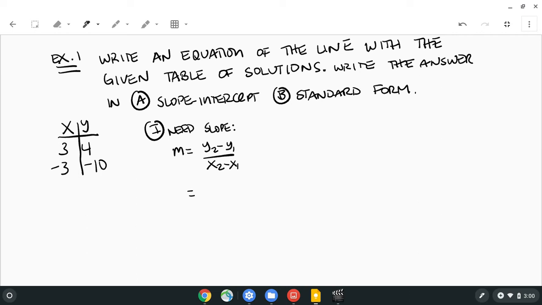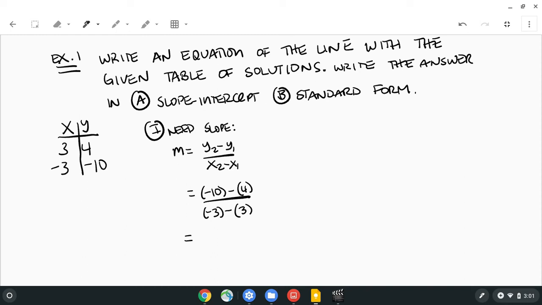My second y, negative 10, minus my first y, over my second x, negative 3, minus my first x, which is 3.